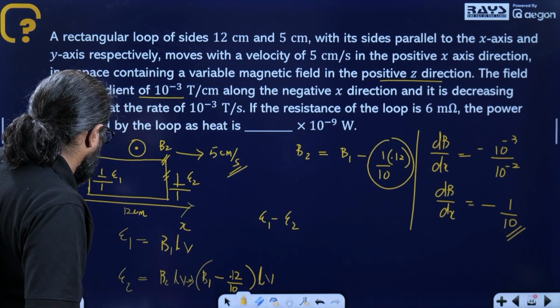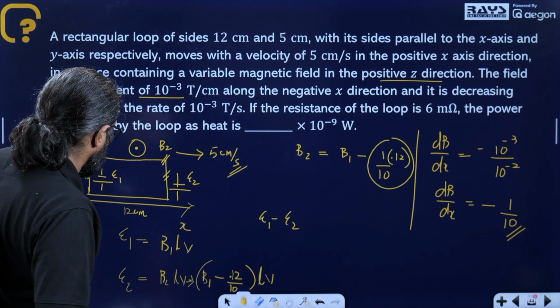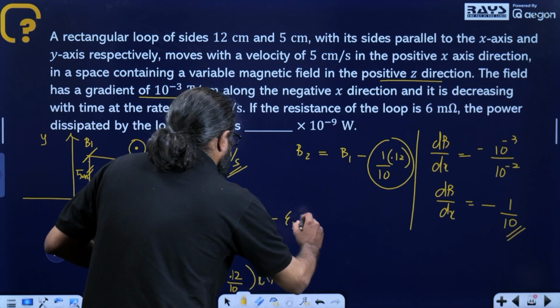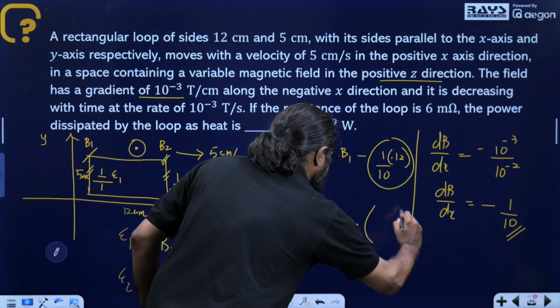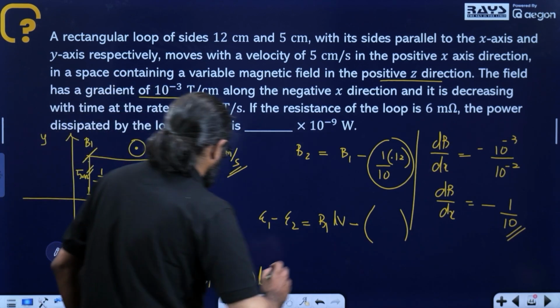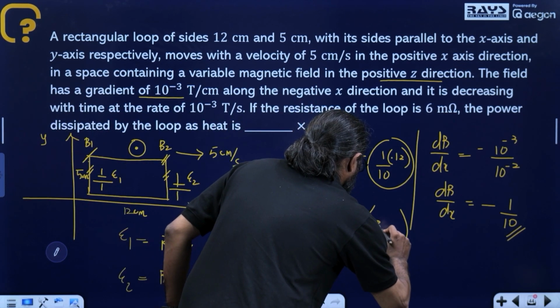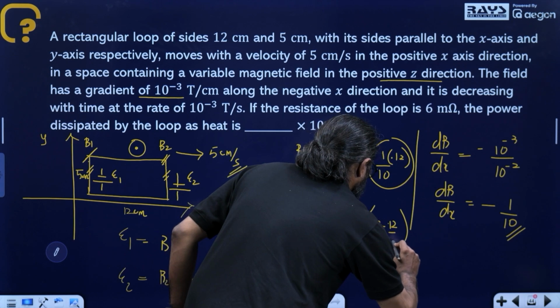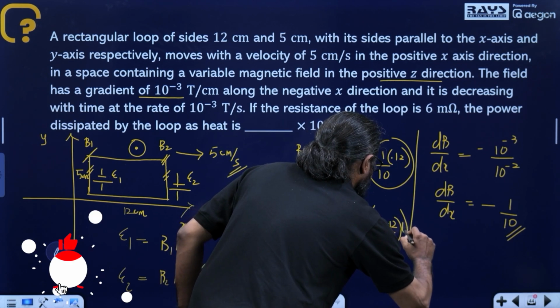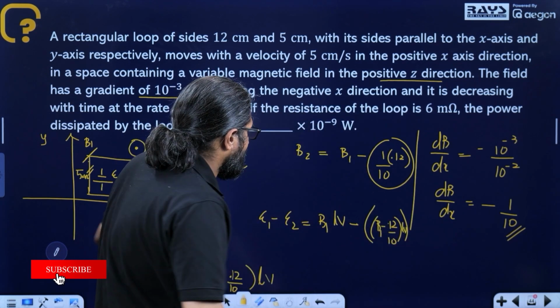When we do E1 minus E2, it is very clear that it is equal to B1LV minus, when we do this, B1 minus 0.12 by 10 into LV. When we subtract, it is very clear.